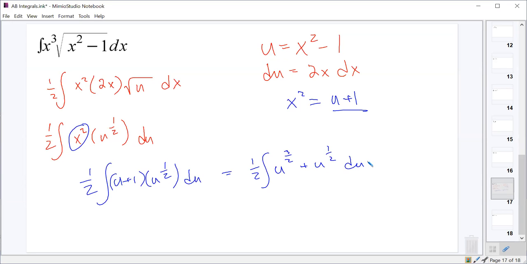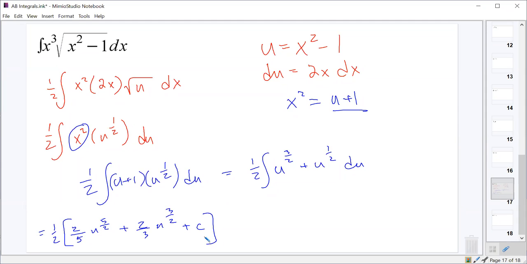Everybody good with that process down to a nice, easy integral that we can deal with? Yes. Cool. So now we integrate. So we've got 1/2, and the integral of u to the 3/2 is 2/5 u to the 5/2, and then plus 2/3 u to the 3/2 plus our constant.